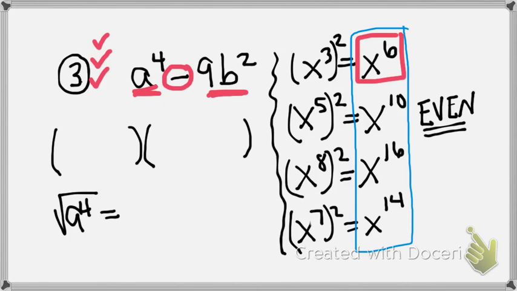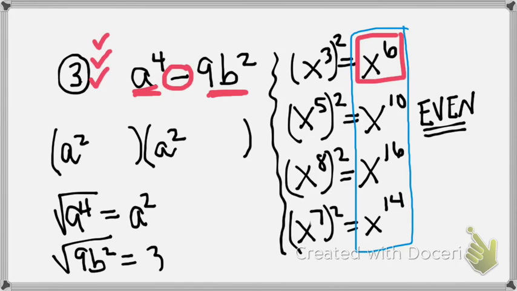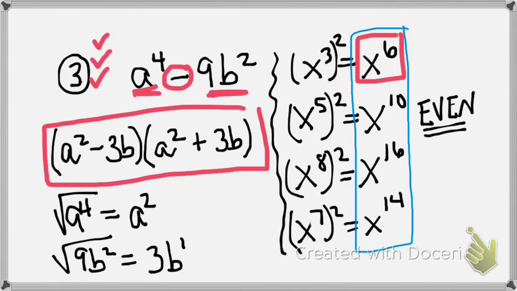So again, to do a square root of a variable with an exponent, all you have to do is take the exponent and divide by 2. That is its square root. So a squared. Square root of 9b squared is 3b. Half of 2 is 1. Again, you don't need to write the 1. 3b, plus, minus, and that is your final answer.